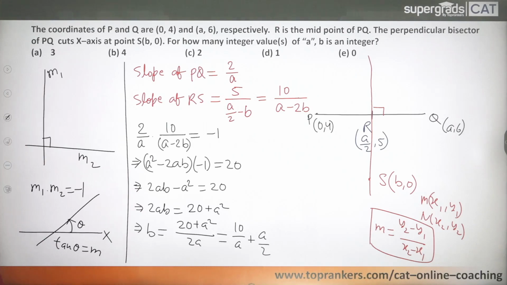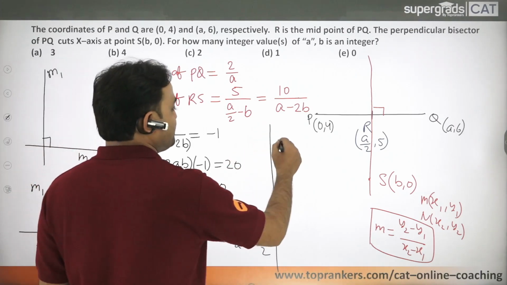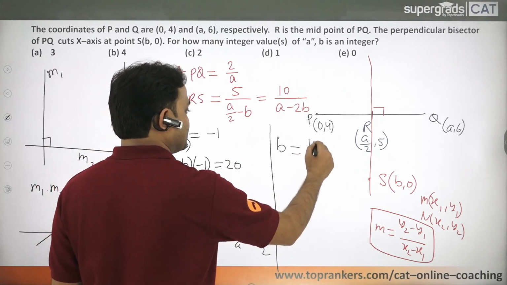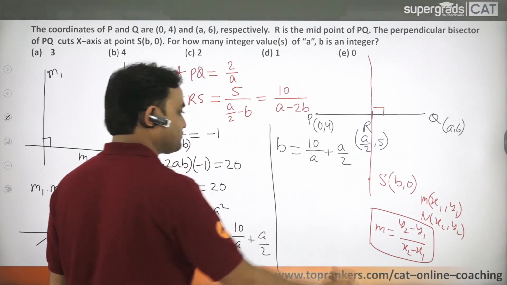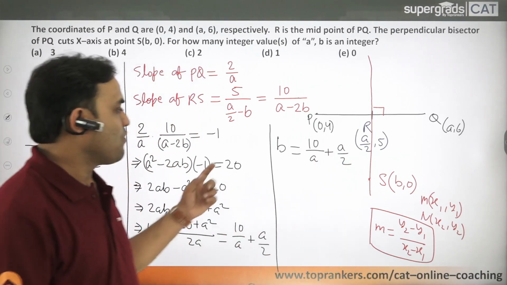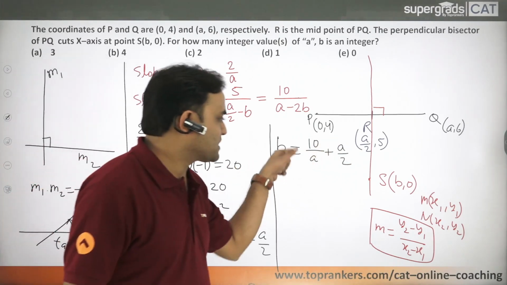Next, for how many integer values of A will B also be an integer? So 10 by A plus A by 2. Now think on this. What values of A can we take so that this will become an integer?